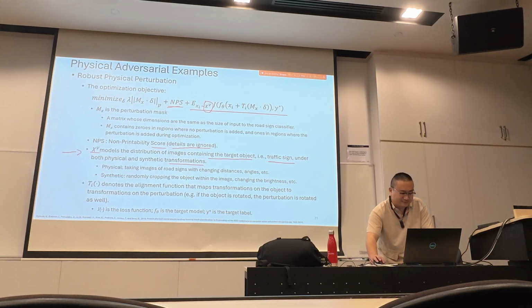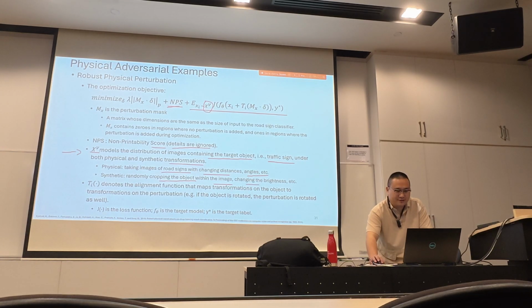For example, the object can be captured, say the road sign, so we can take images of the road sign with changing distance, angles, etc. And we can also use some synthetic ways to modify the road sign. So we can crop the object within the image, or we can digitally change the brightness of the road sign. And this is represented by X^V.